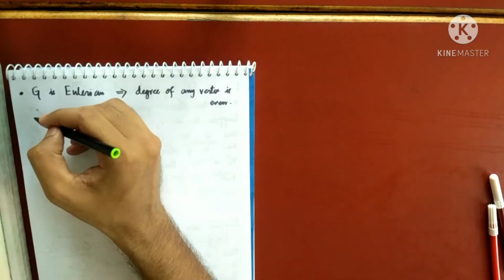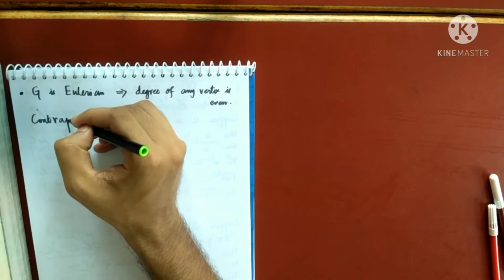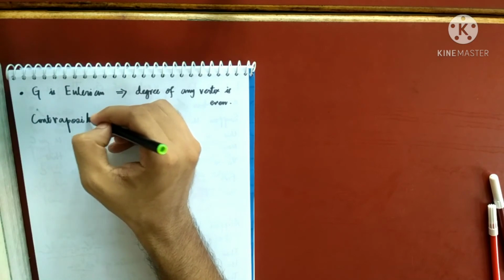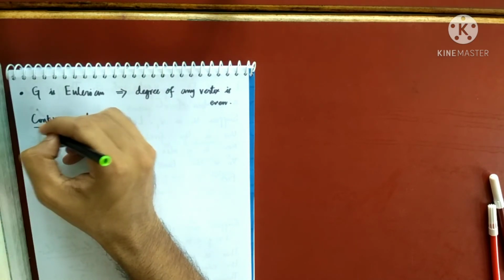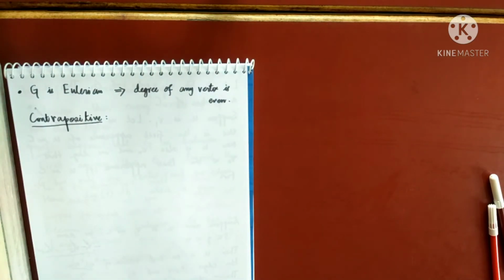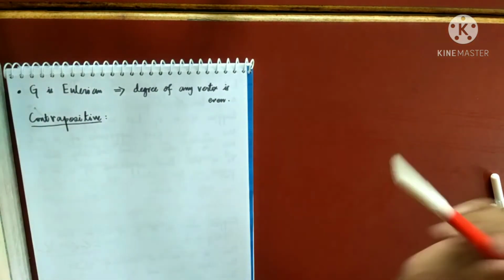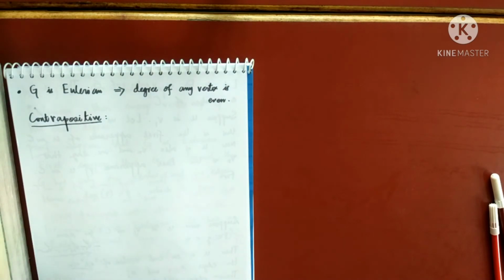So what is the contrapositive of this one? Can you tell me the contrapositive of this statement? We have done contrapositive in logic. P implies Q. What is the contrapositive of this?